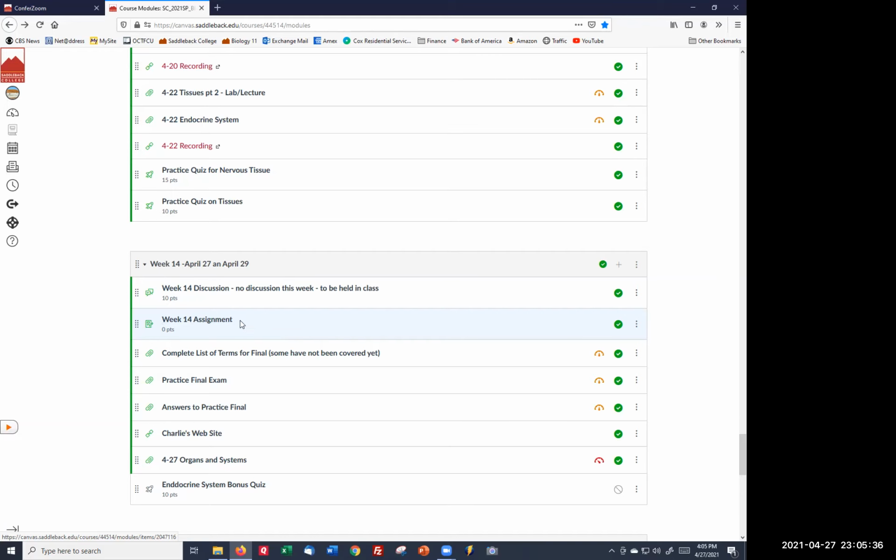Okay, no worries. As far as estrogen goes, I was wondering what feedback it sends to the pituitary, and why testosterone doesn't send information to the pituitary.